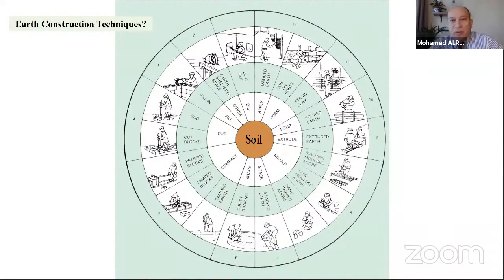Most of you maybe know that we have almost 12 different techniques of using earth in construction. But among all these techniques, we have just 2 techniques that are scalable. They are ready to be developed.